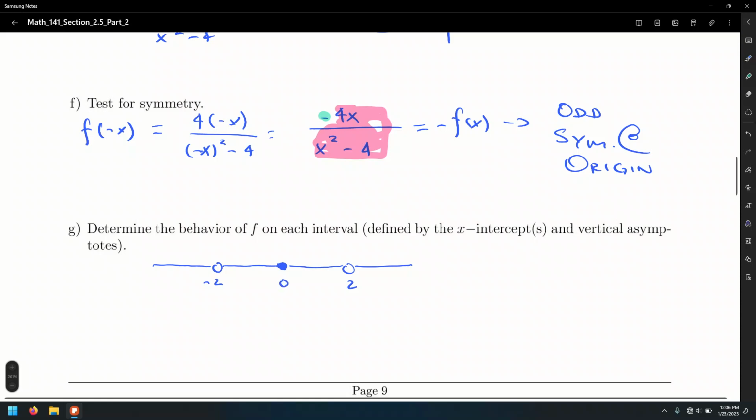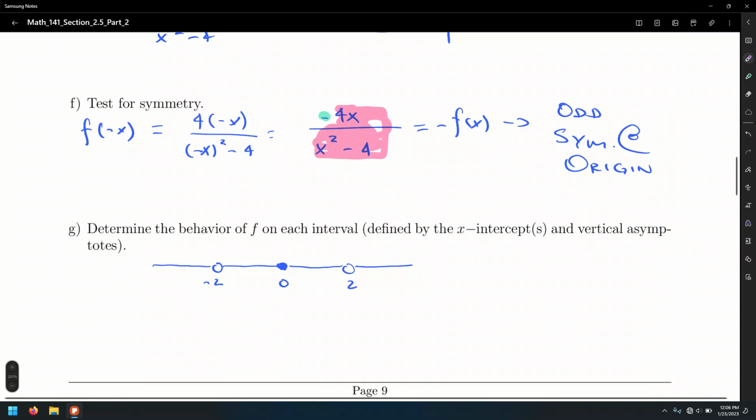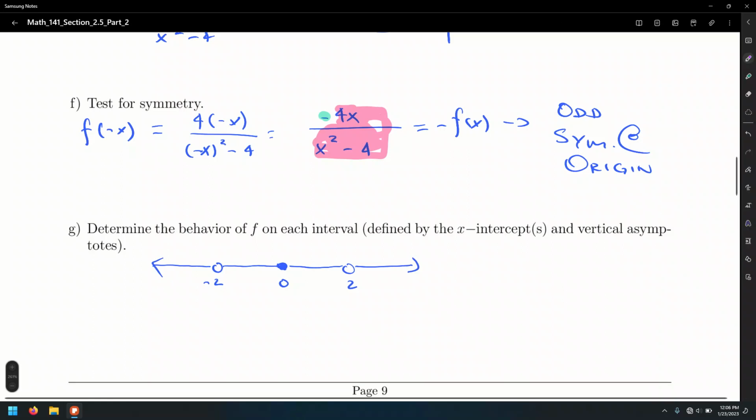So our test values would be any number in each interval. First of all, let me turn this into arrows, and keep it easy when it comes to getting the test values.